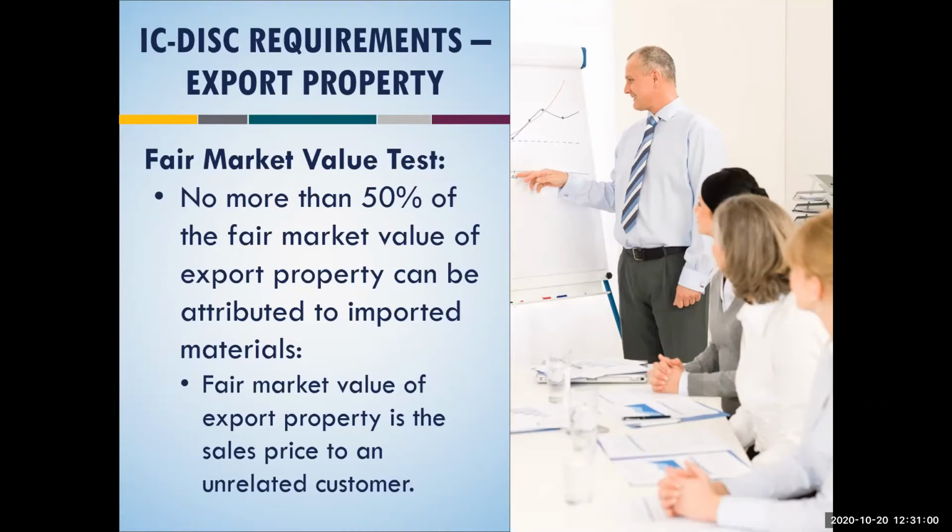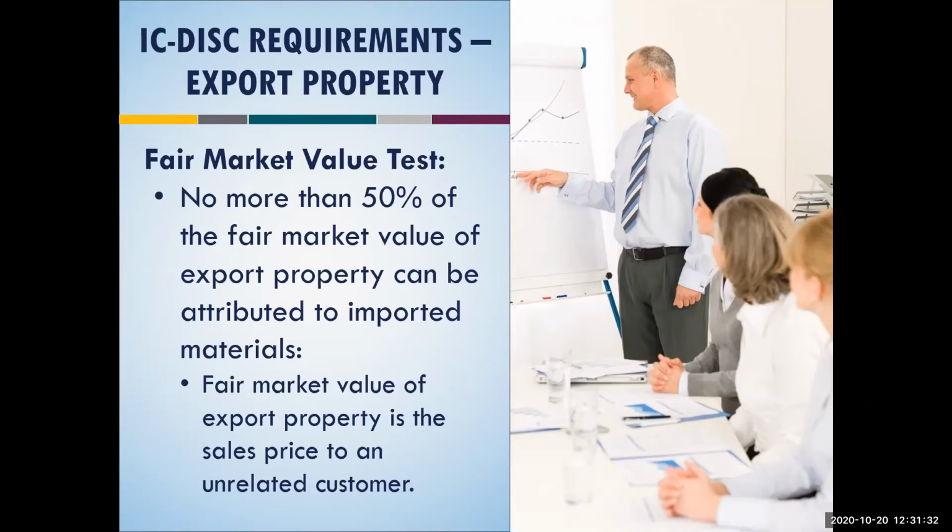And then you add your printing to that t-shirt and you resell that shirt for $20 to the end customer. In this case, $5 is our imported materials, $20 is the fair market value of the property being exported. So if we take 5 divided by 20, that gives us 25%, and therefore this test would be met.